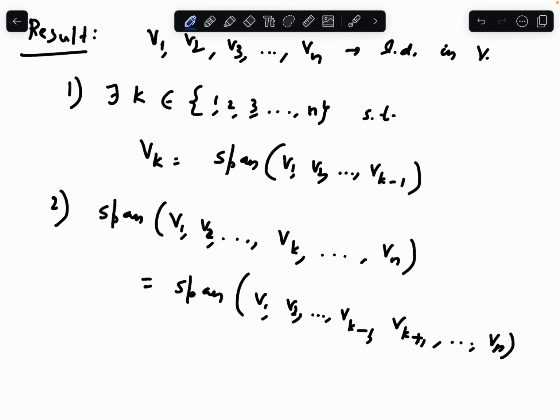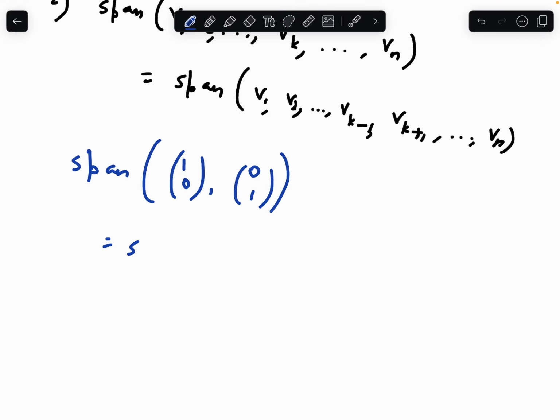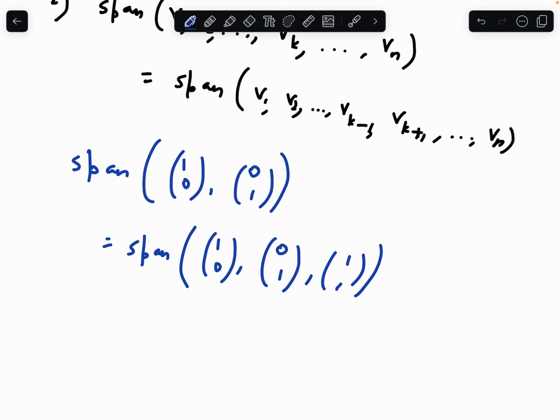For example, you can do magic like this. The span of (1, 0), (0, 1), right? This is the same as the span of (1, 0), (0, 1), (1, 1). Why? Because see, this vector is in the span of these.